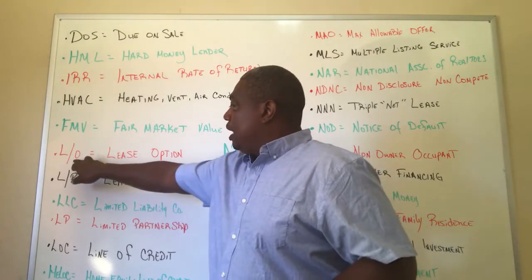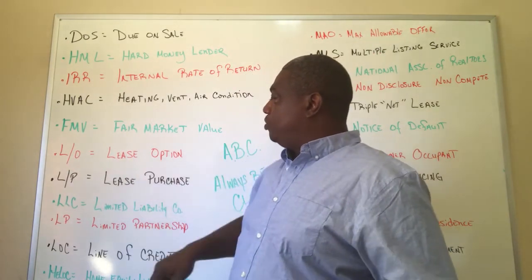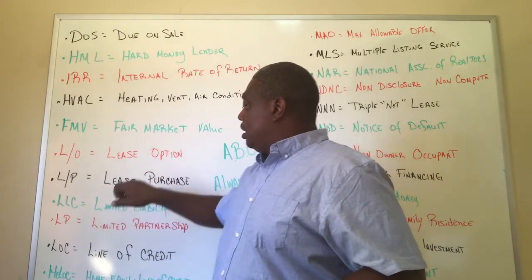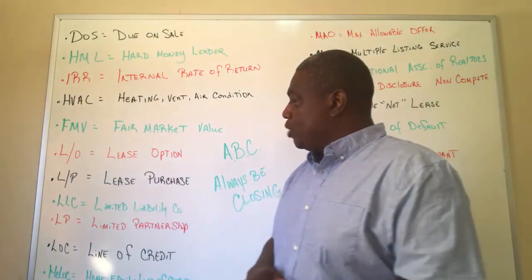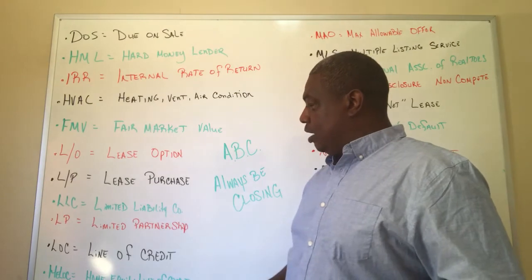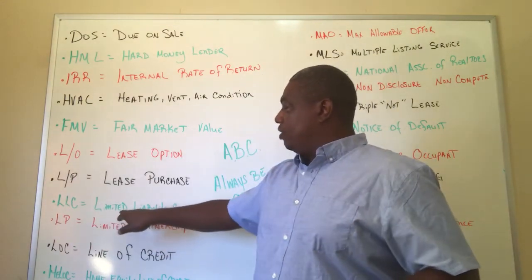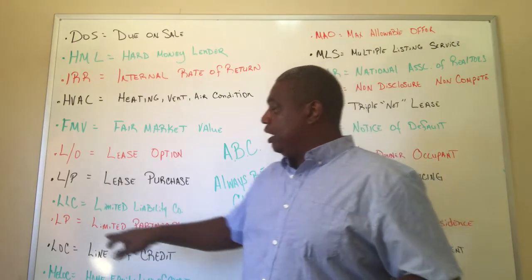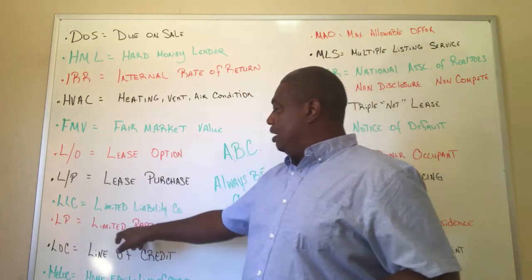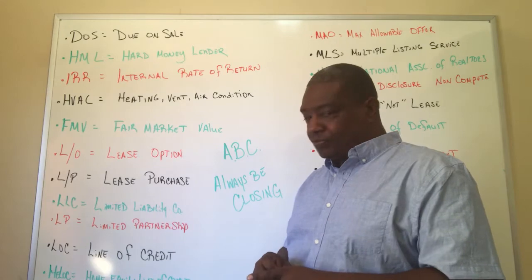You have LO, which stands for lease option. LP was lease purchase. Then some legal entities, which is LLC, which stands for limited liability company, and LP, which stands for limited partnership.